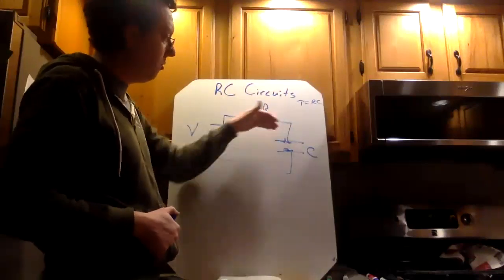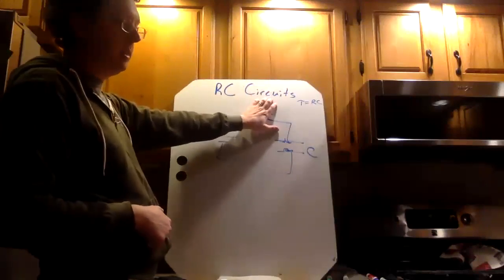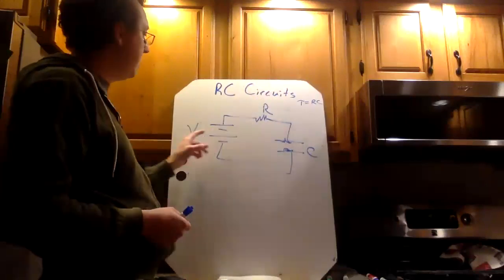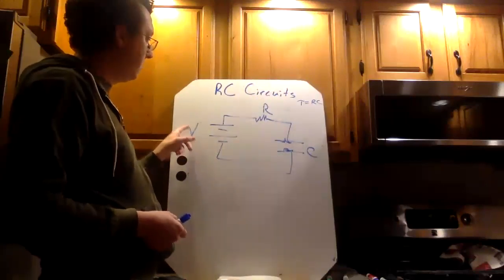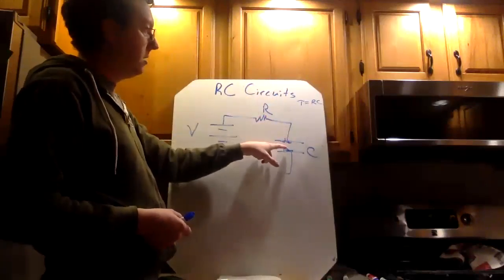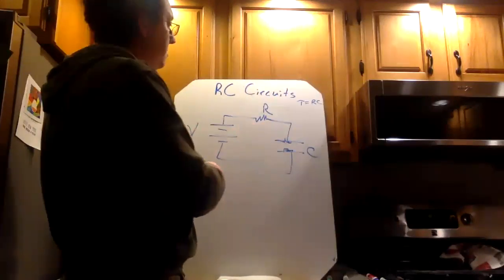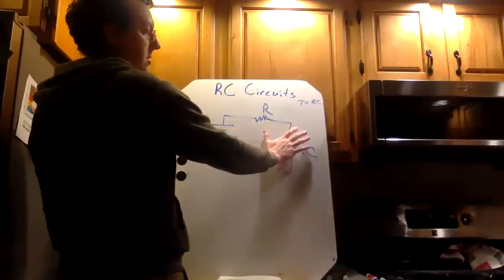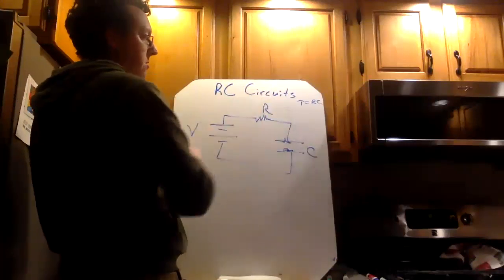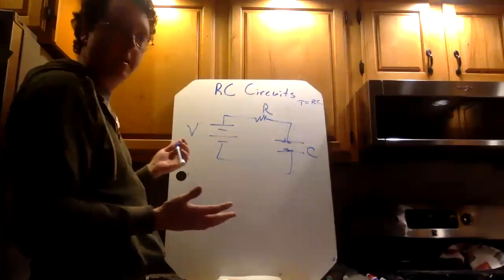Then the resistor effectively doesn't provide any resistance, and the charge would be Q equals C times V. So initially the capacitor is not significant, and then eventually the resistor is not significant as the current fades away. That's how it works.